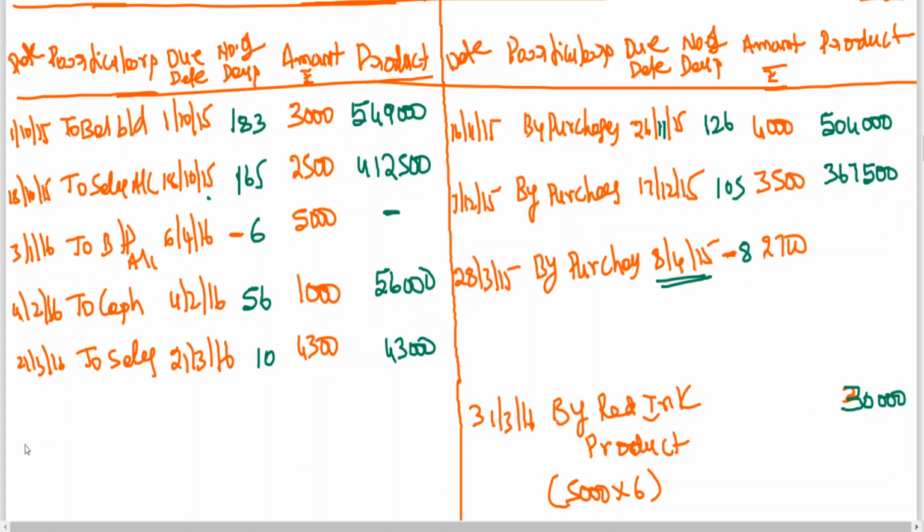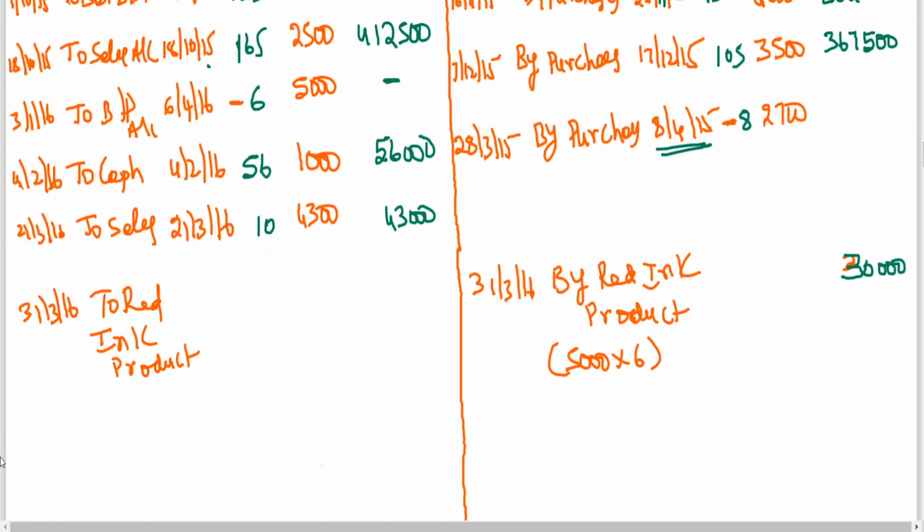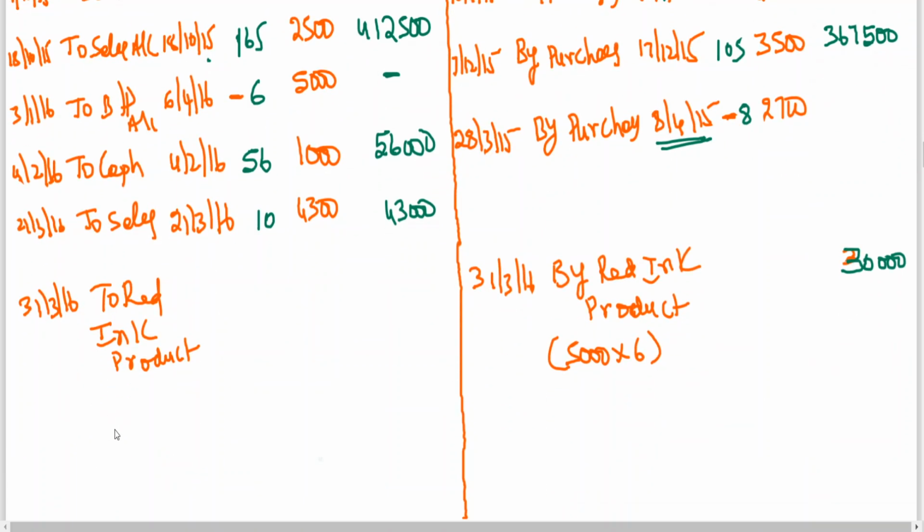So here I am writing 31st March 16 to red ink product, brackets, 8 into 2,700.